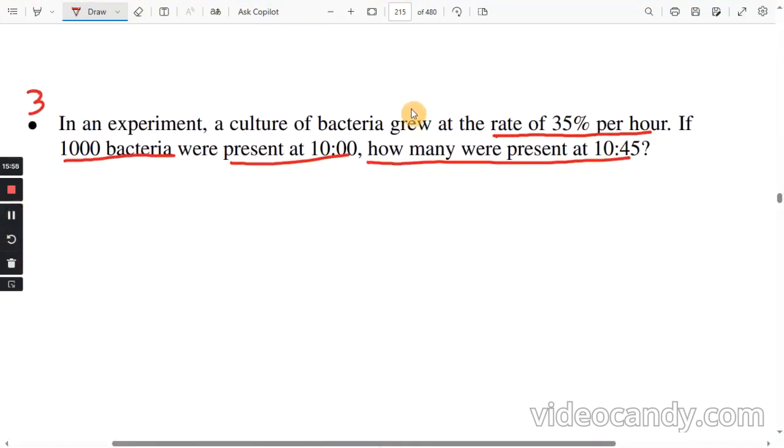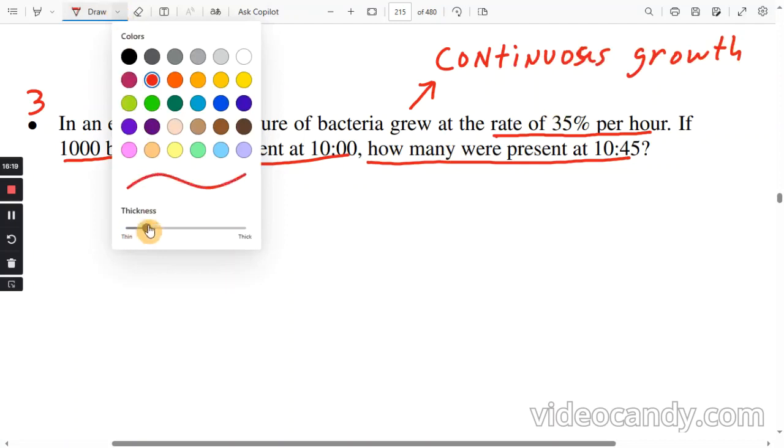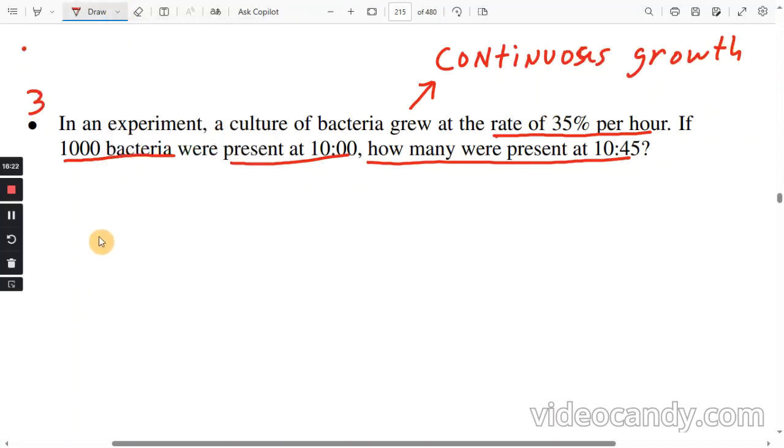And remember, when we're dealing with population, we are dealing with continuous compounding, so it is continuous growth. So we are using A equals PERT, but we write it as N of T, and that equals N sub 0 times e to the power of RT.